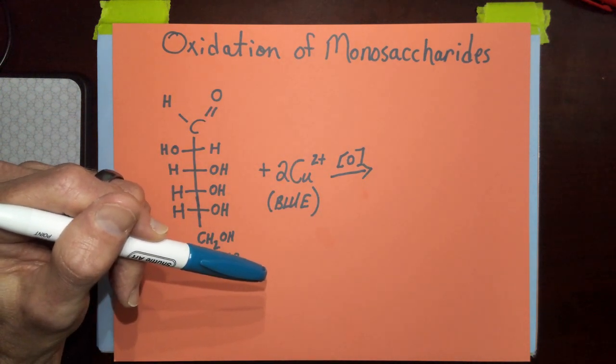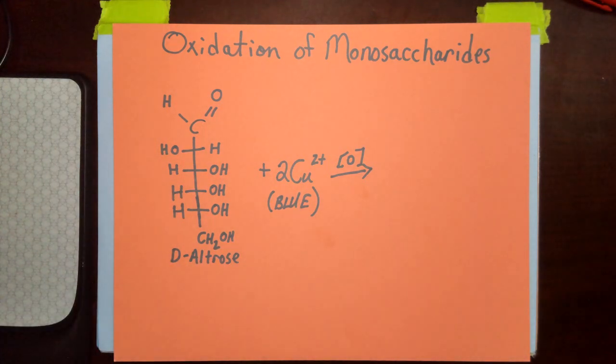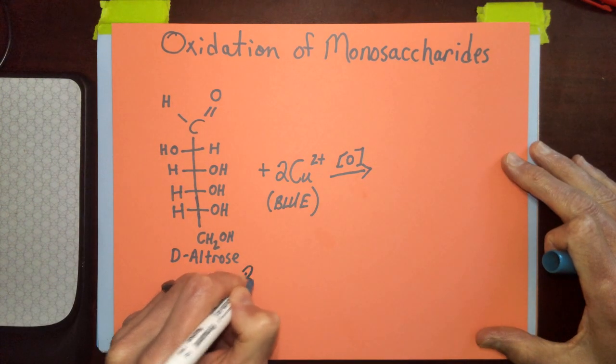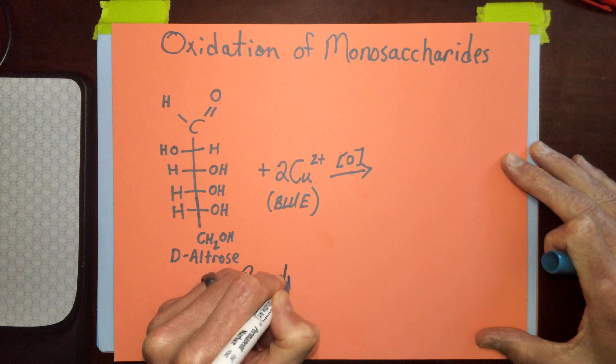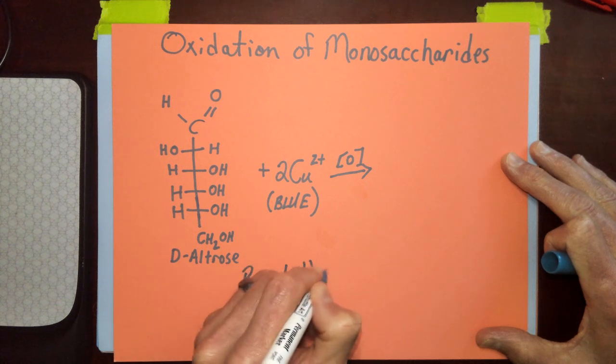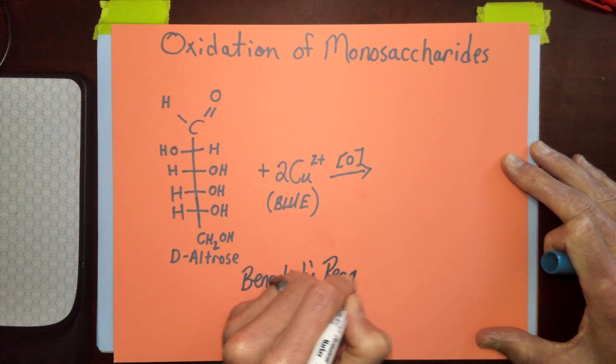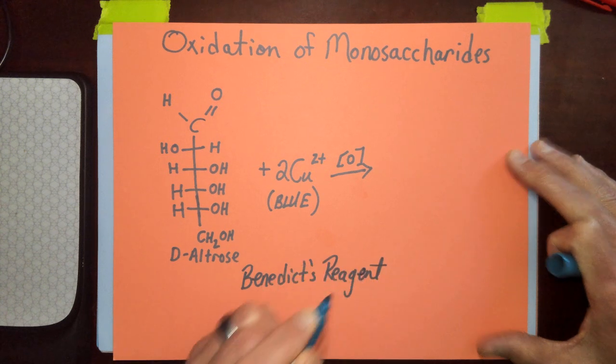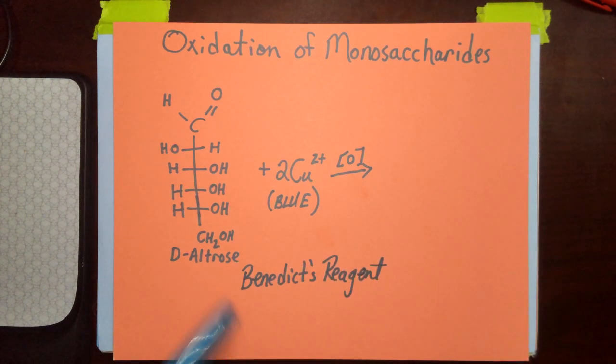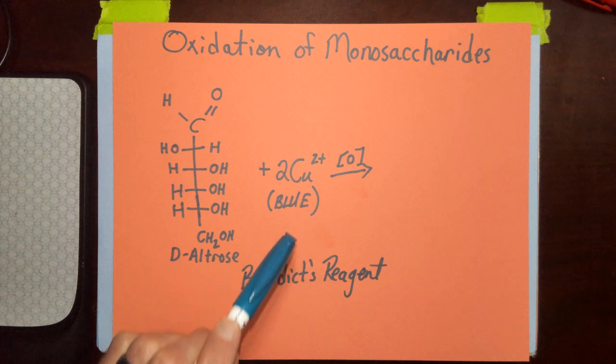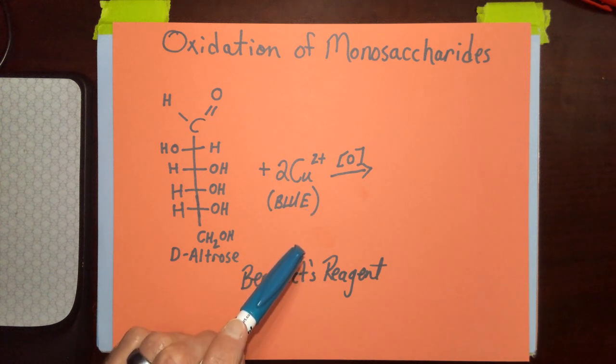Now, we do this by using Benedict's reagent, which is a solution that contains copper 2+ ions. It's a real bright blue color.